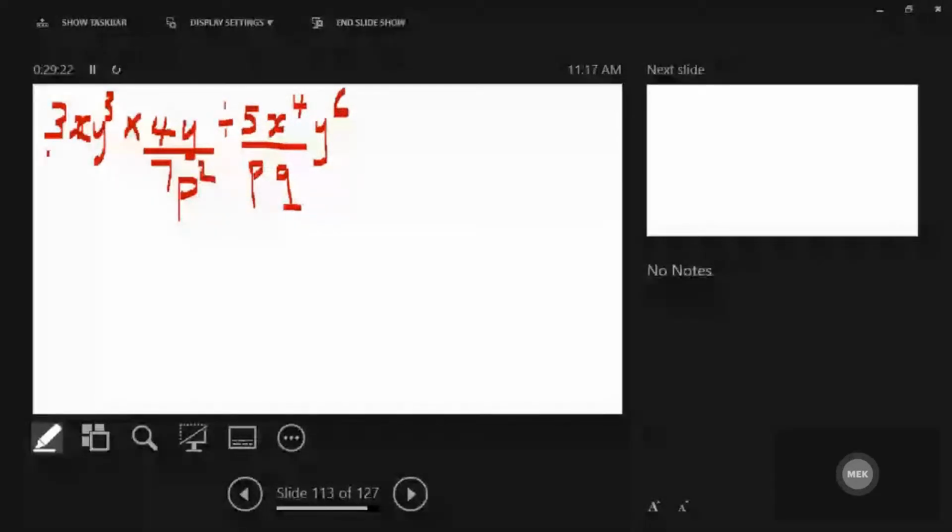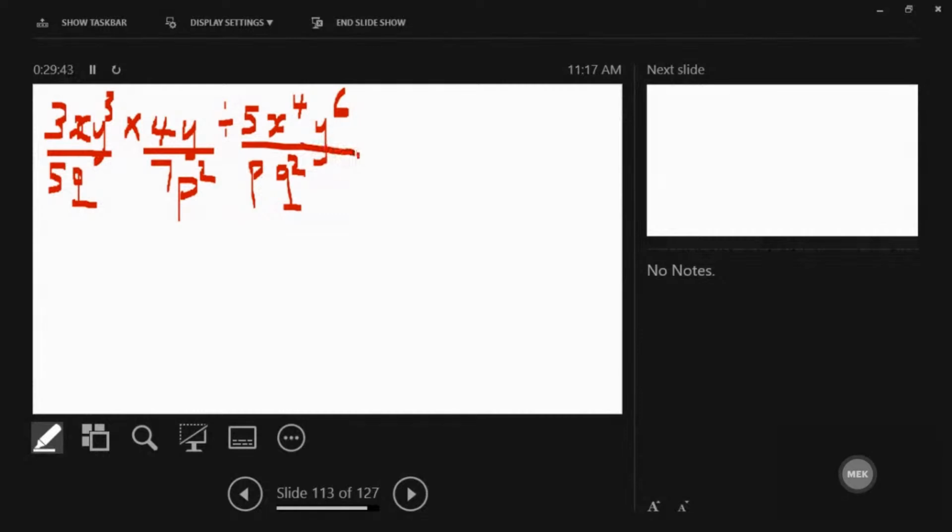And this is over, let's put a square here, this is over 5q. All right, so that's what we're working.